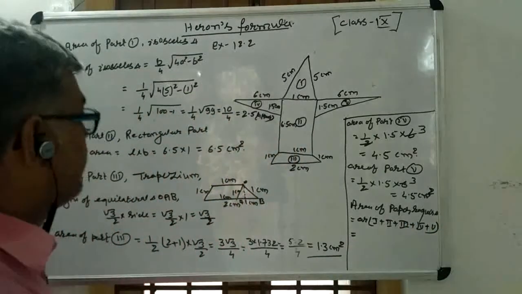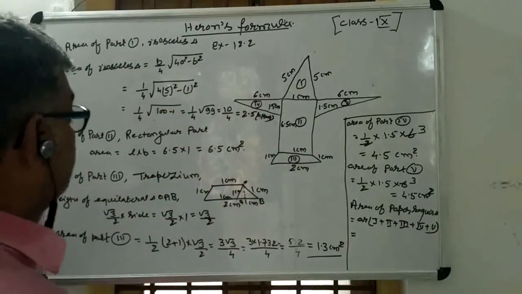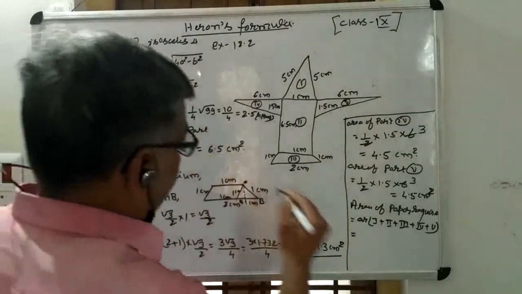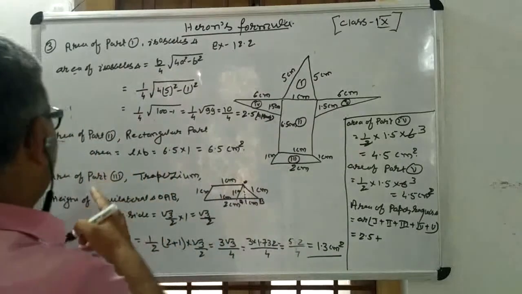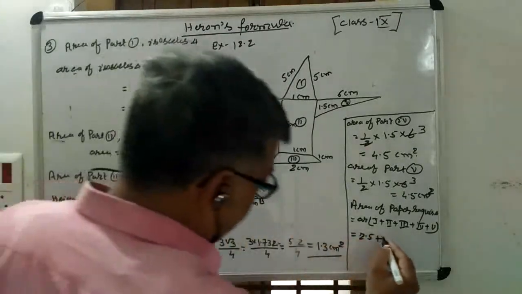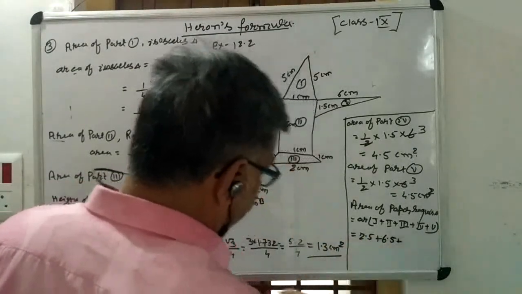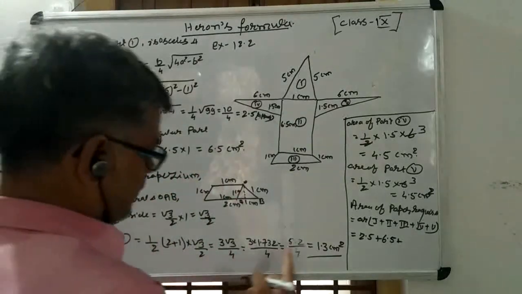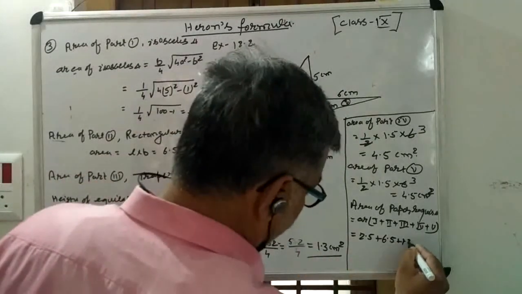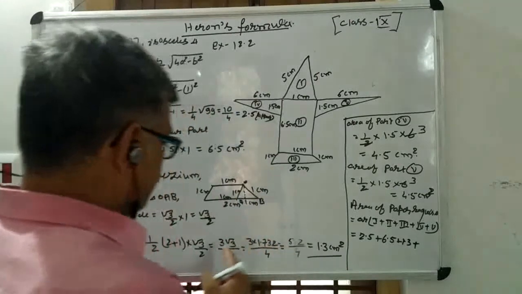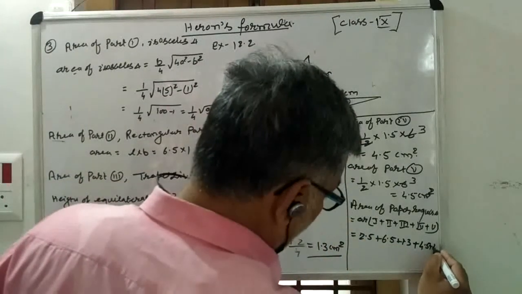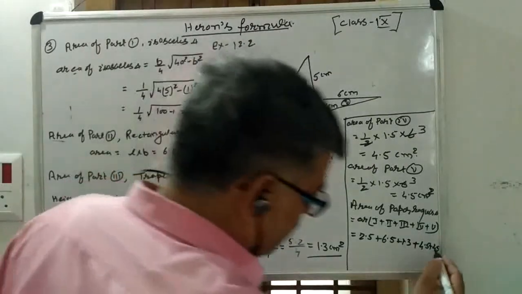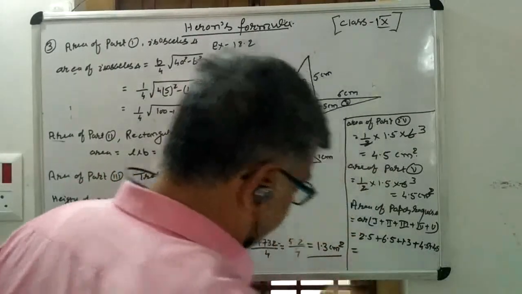So it will be area of 1 was 2.5, that is 2.5 plus 2 was 6.5, 6.5 plus 3 was 1.3, 1.3 plus 4 was 4.5 plus 4.5. This is your area of all parts.